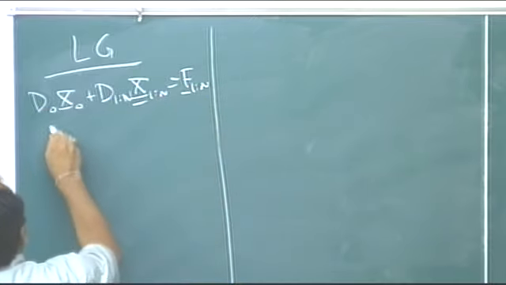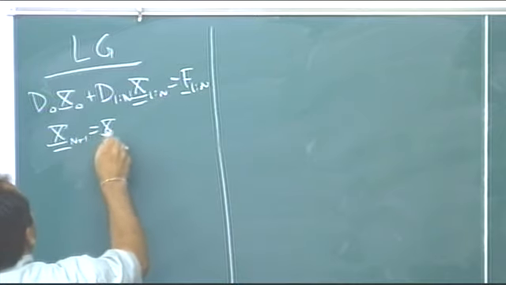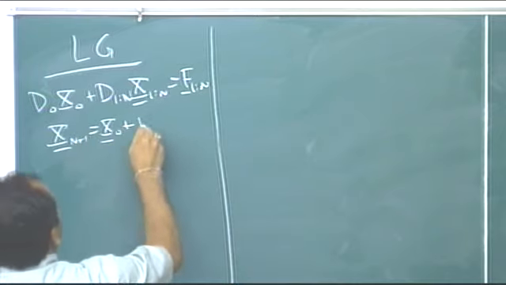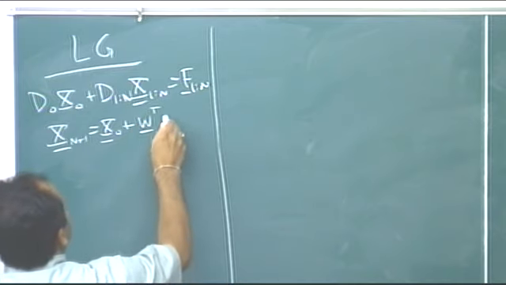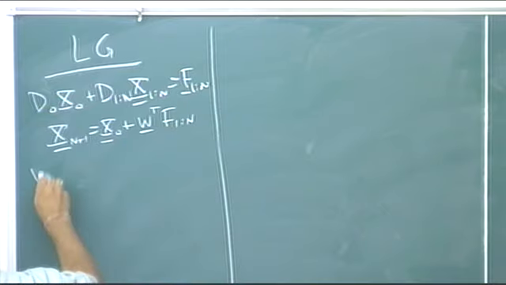And the final state, which is xn plus 1, is equal to x0 plus w transpose times f1 colon n. Right? Now, if we look at the variables in this problem, the variables are as follows.